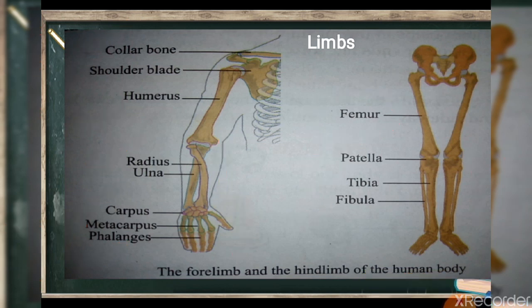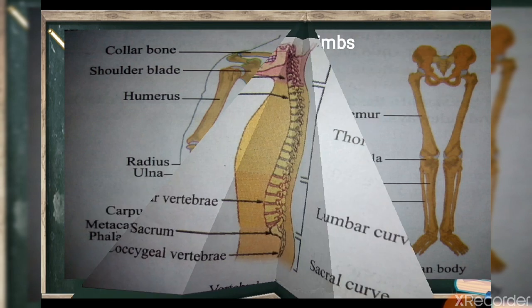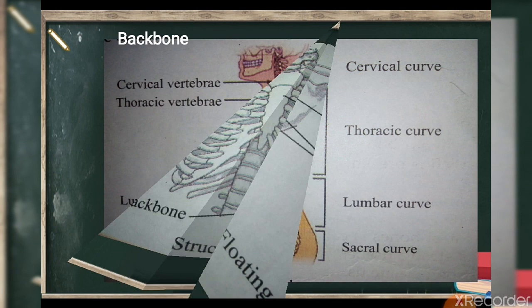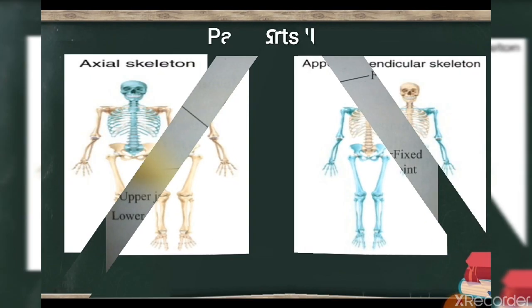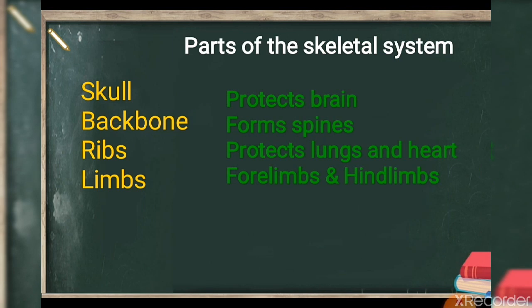Okay, so we have discussed the parts of the skeletal system. How many parts of the skeletal system? We have divided it into four: skull, ribs, backbone and limbs.